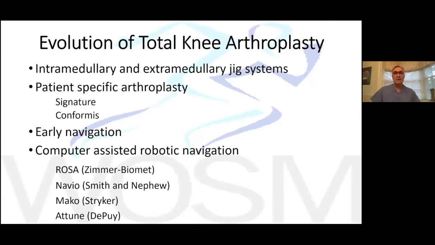In orthopedics and arthroplasty in general, the Signature allows for very substantial improvement in the amount of bone that we take. Conformis actually is a custom implant, and that's been around for some time now.